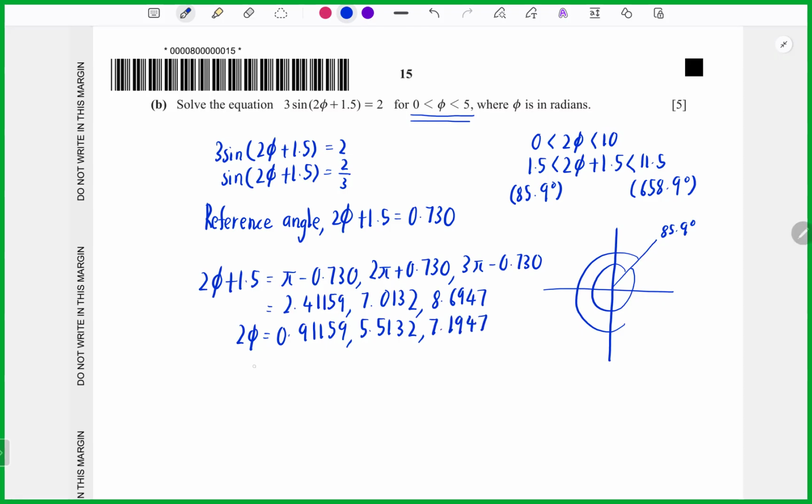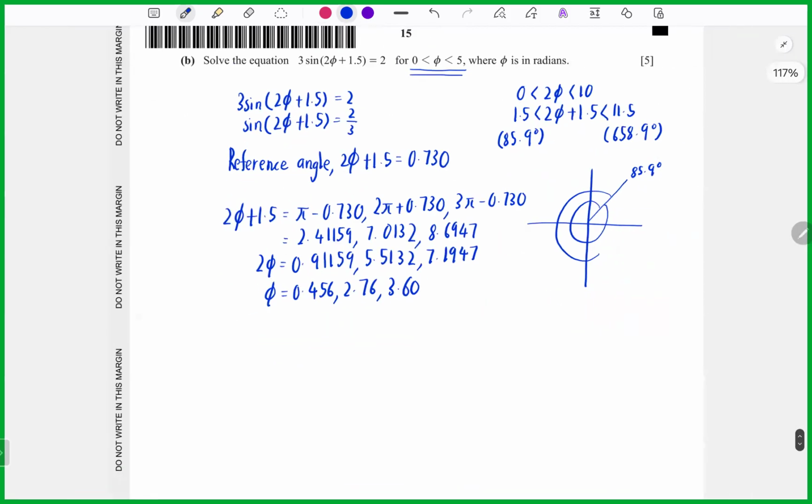Okay, now divide the value. Okay, 0.4562, 2.76, 3.60. Okay, so you'll get three answers.